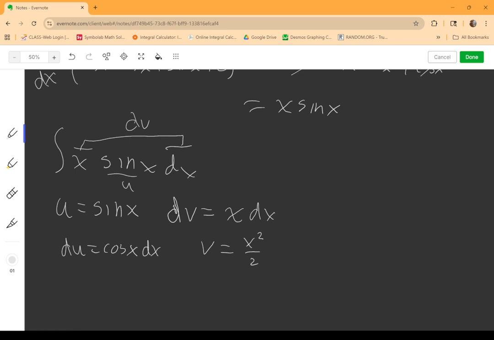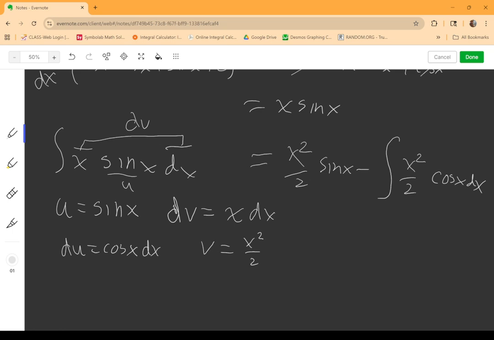Now plugging into my formula, we get u times v, x squared over 2 sine of x, minus the integral of, what was it, v du. So v is x squared over 2, du is cosine x dx.